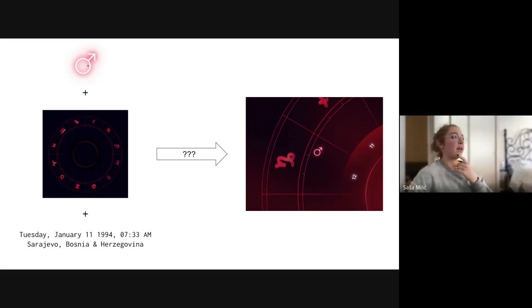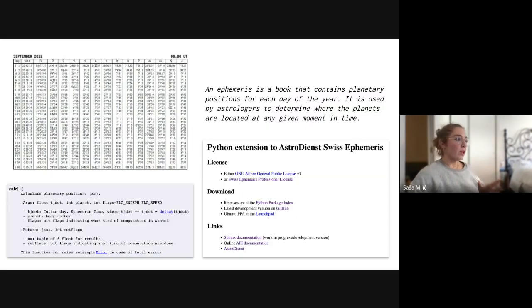So we have to take this layer, combine it with someone's birth information, and convert it into something that's actually visually accurate. Marin, you're probably familiar with this. An ephemeris is a book that contains planetary positions for each day of the year. Astrologers back in the day had to do a lot of math.